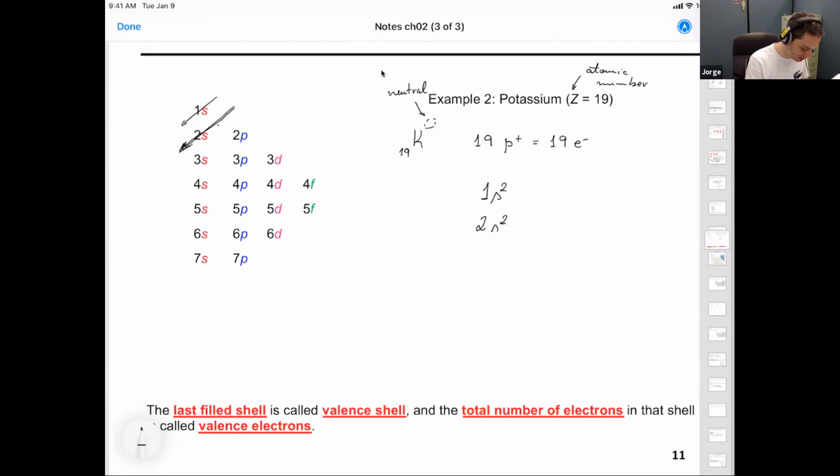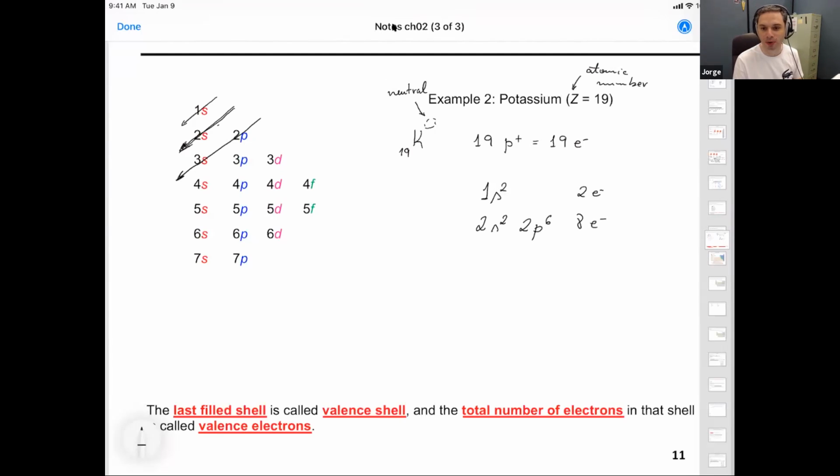After the 2s, go back to the top and get the diagonal again. So you start filling up from the beginning of the arrow, which is the 2p shell. Then we are going to have 6 electrons here. So far we have 2 electrons in the first shell, 8 electrons in the second shell.